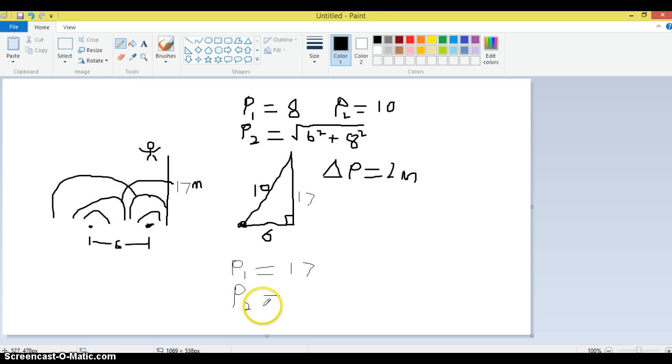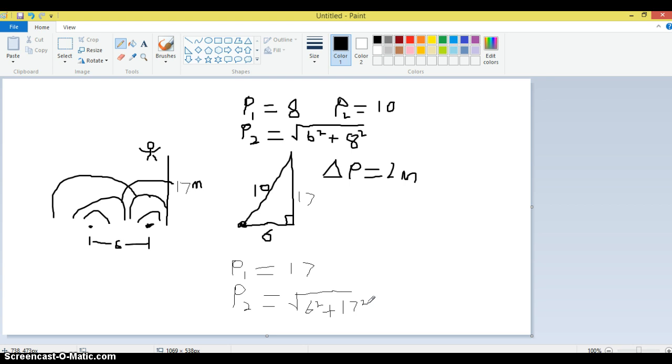So that's going to equal the square root of 6 squared plus 17 squared. And that is going to be 325.